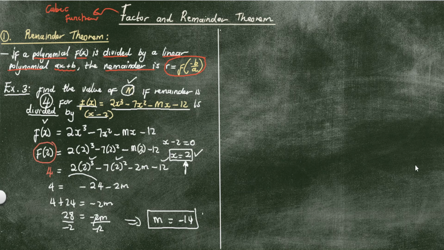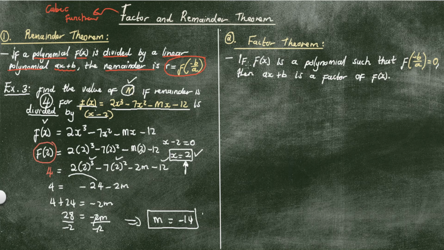Okay, now we have the factor theorem. The factor theorem states the same thing as the remainder theorem, but instead of having a remainder, you have a 0. Now, the factor theorem is the star of the show.